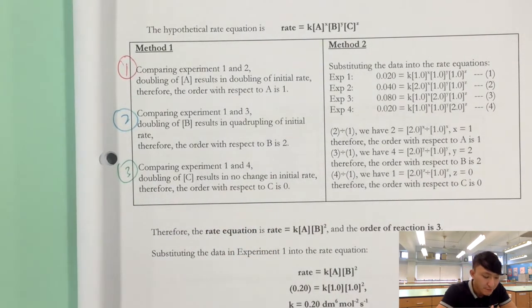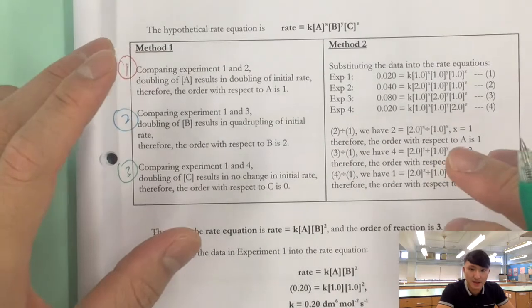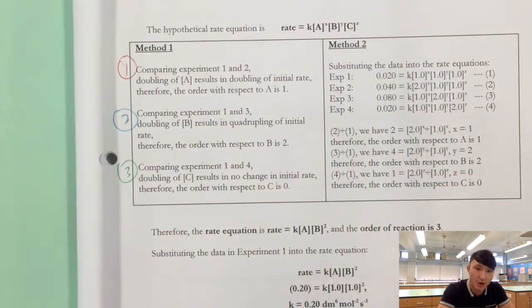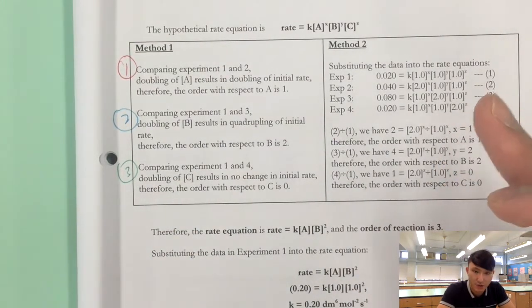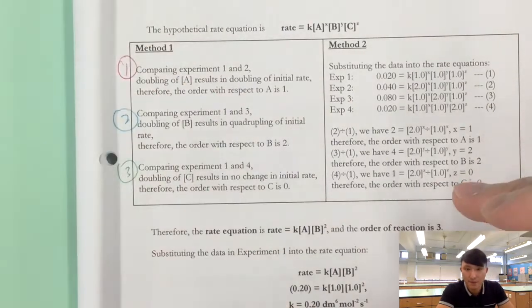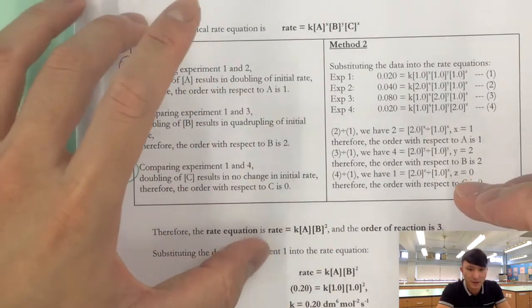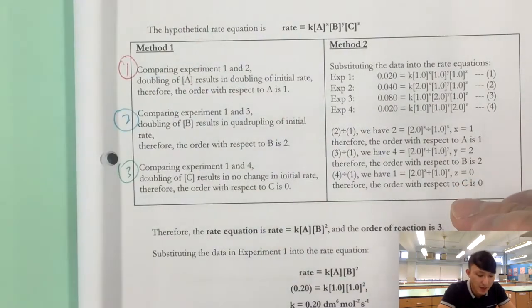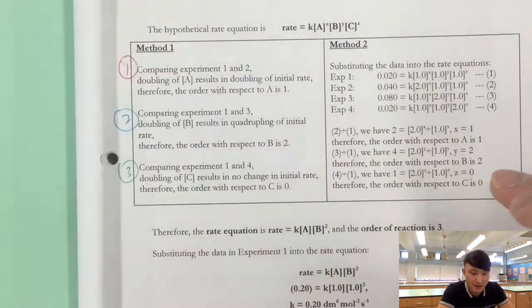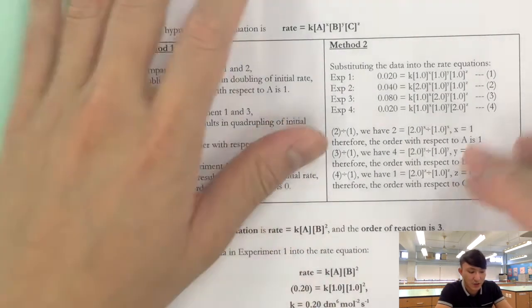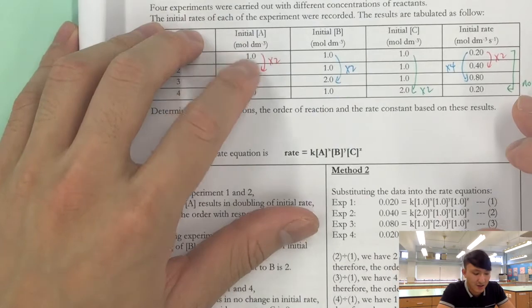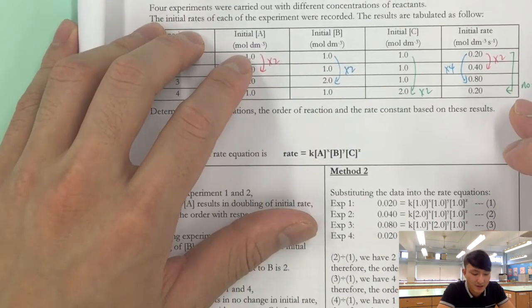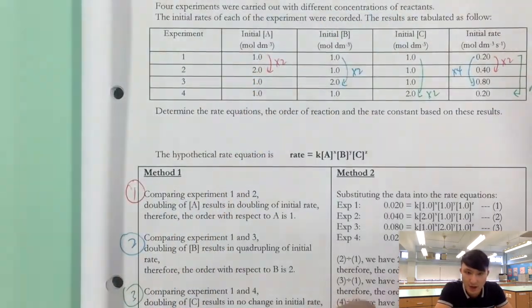Okay, so this is the first method, how we can deduce the order from the experimental results. This one is quite simple. I recommend this one if it works. But sometimes it doesn't work that easily because sometimes the order is not that easy to tell, especially when the experimental results are not necessarily 2 times, 4 times.